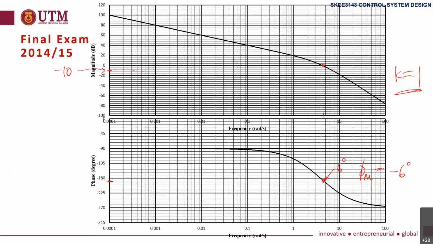Okay, it's about this point. Minus 10 dB. And if we check the value here, this is 1, 2, 3, 4, 5, 6, 7. 7 radian per second.